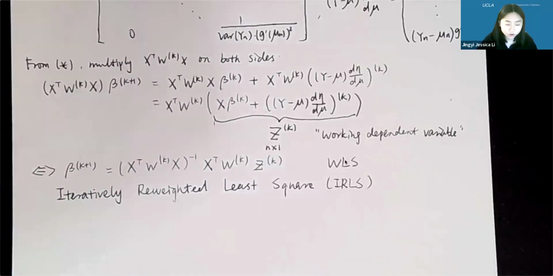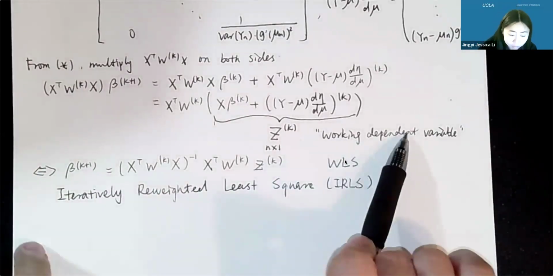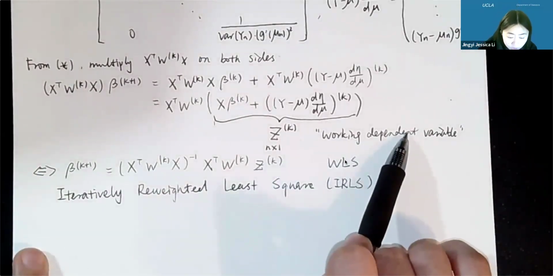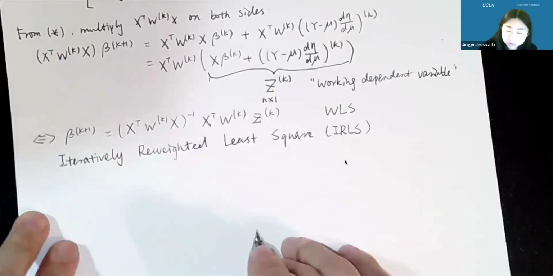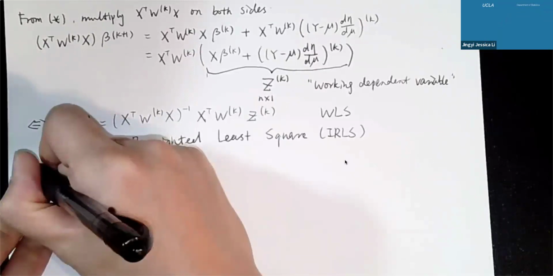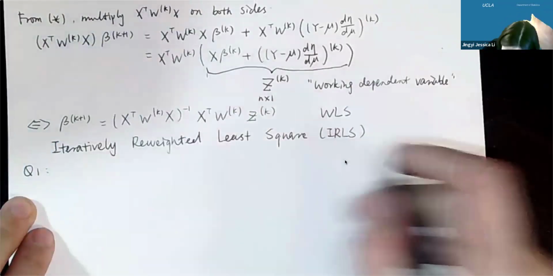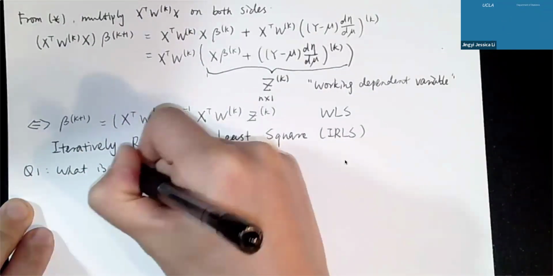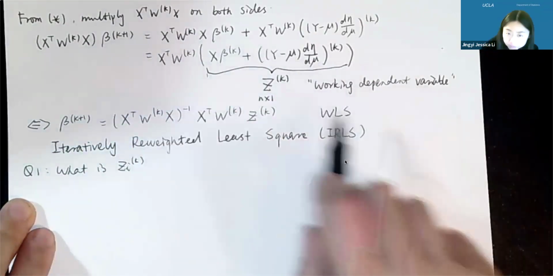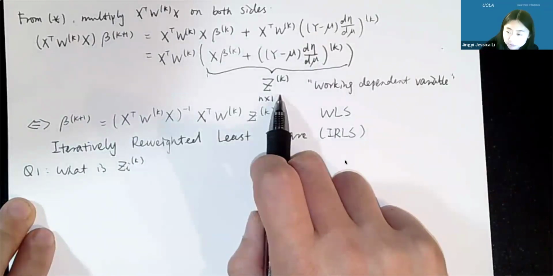Okay, if there are no more questions, then let's further look into the update of this working dependent variable, to give you more intuition. I will give you two questions to ask. What is z_i^k? Just for your information, this z is a vector.